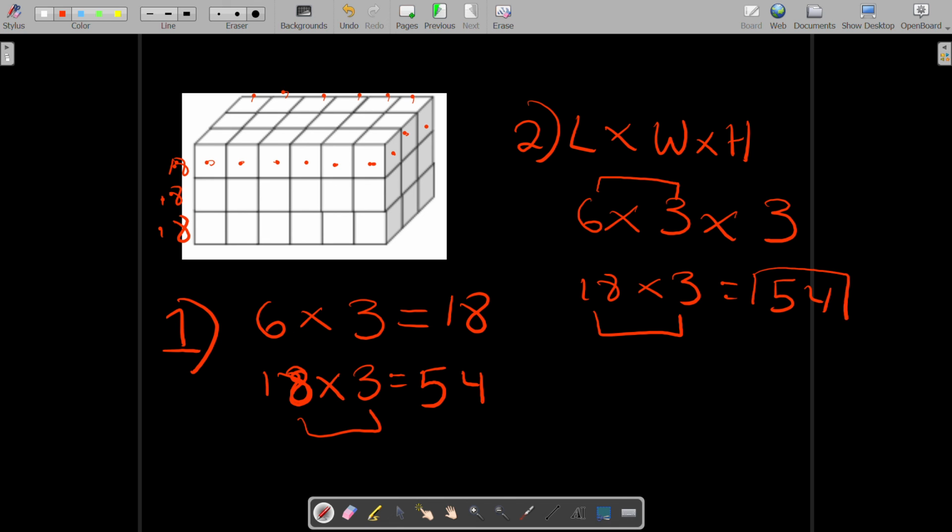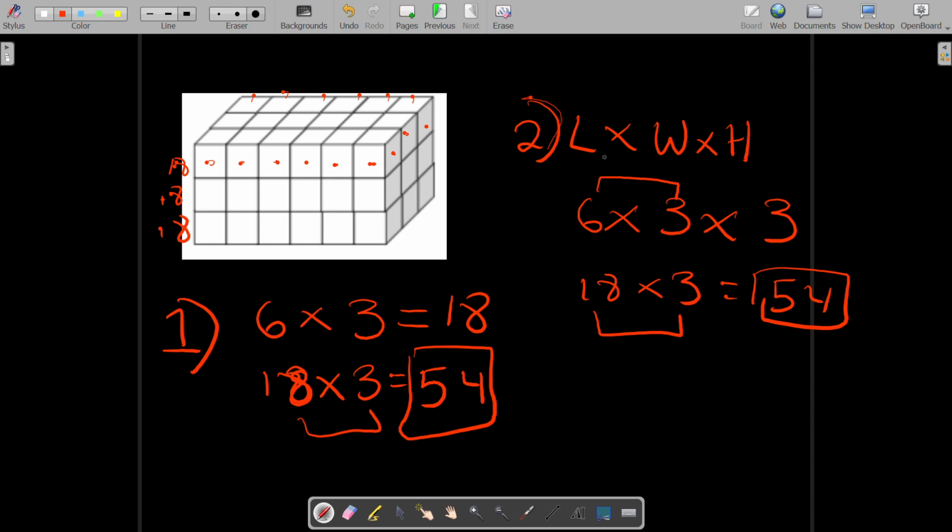So as you can see, no matter what method we do, we always get the same answer. It's just what you feel is easier. This method is what I feel is easier because it's just a simple formula that's not very hard to memorize. You just do the length times width times height. But this method will also work because you just have to find the base area and multiply it by how many rows there are.